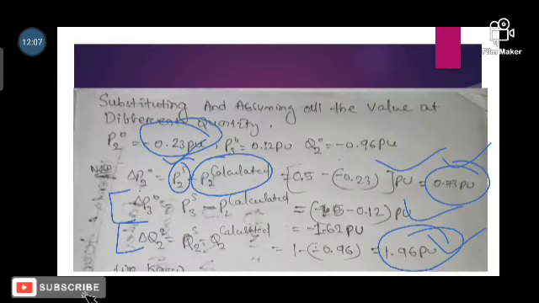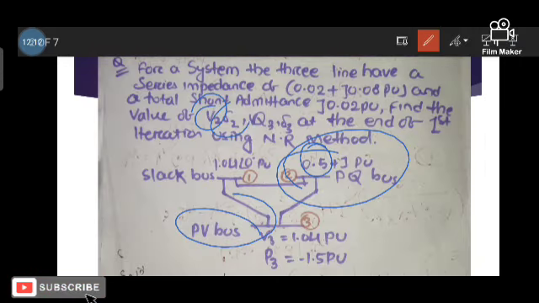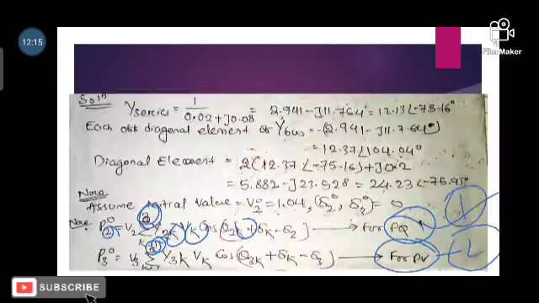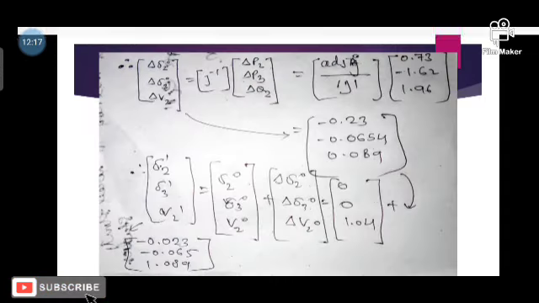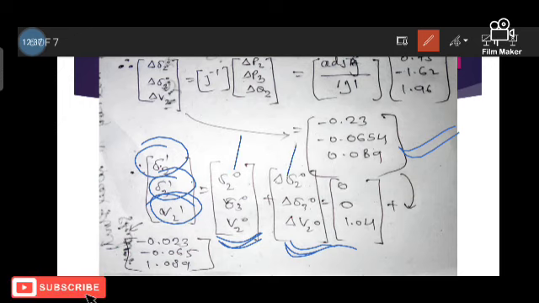So it is asking about the calculation of the values V2, delta 2 and delta 3 after the first iteration. So the first iteration values, delta 2, delta 3 and V2 after the first iteration, are equal to the correction value plus the initial guess value. The initial guess value is delta 2 0 equal to 0, delta 3 0 equal to 0.